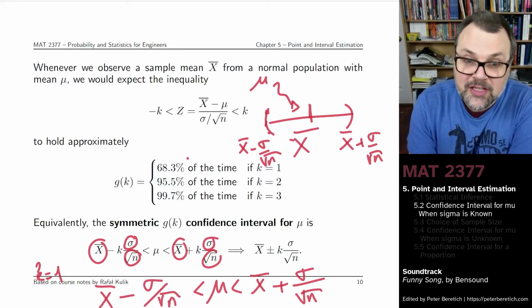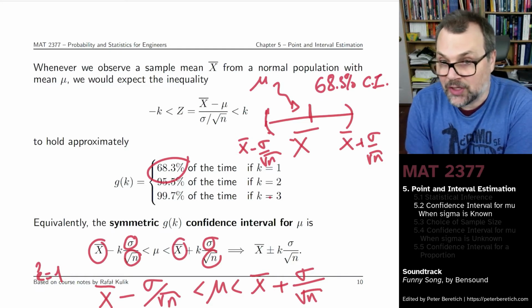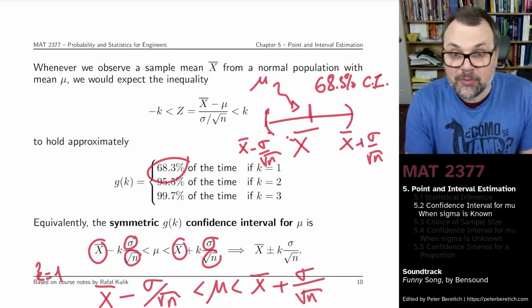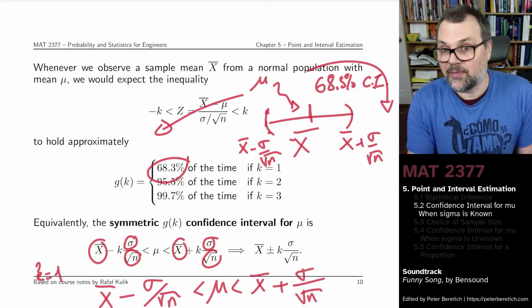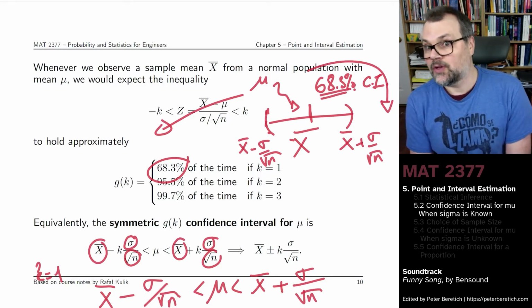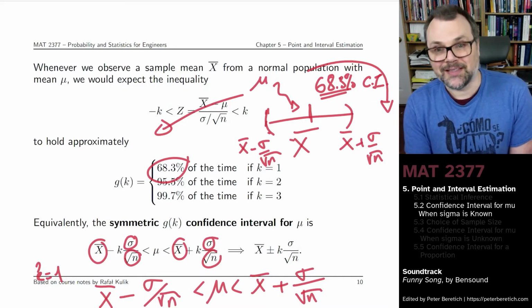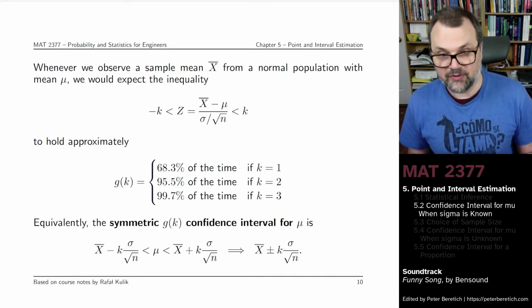And what's our confidence level? It's 68.3%. Right? So these numbers are easily computable from the sample, and that gives us an idea as to what the true mean could be. It's quite conceivable that the true mean would actually be outside of this. I mean, this isn't a huge amount of confidence, but there's still a fair probability that the true mean would be somewhere in the interval that we've built here.